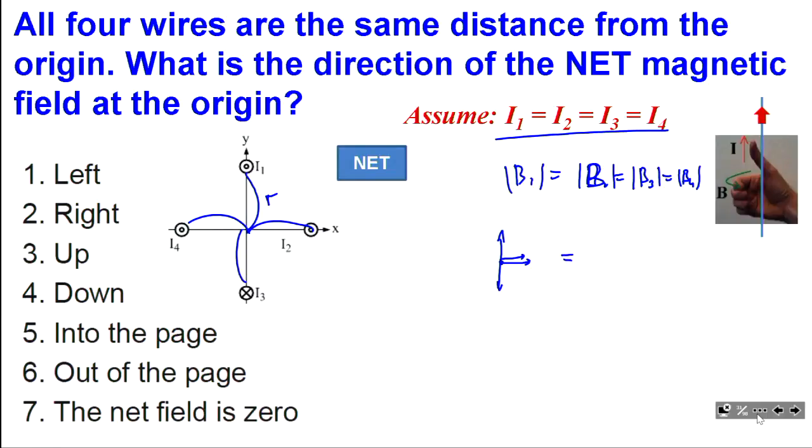So the net magnetic field points to the right. Plus, in this particular case, the magnetic field strength of the net magnetic field will be equal to 2 times any individual magnetic field. That's it.